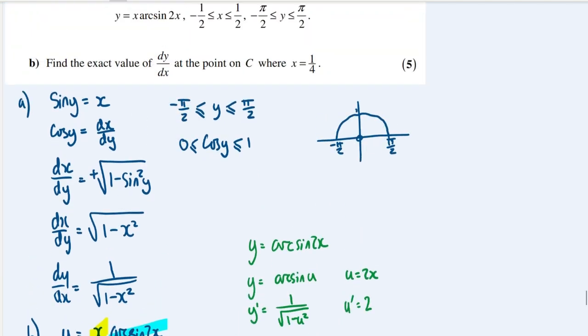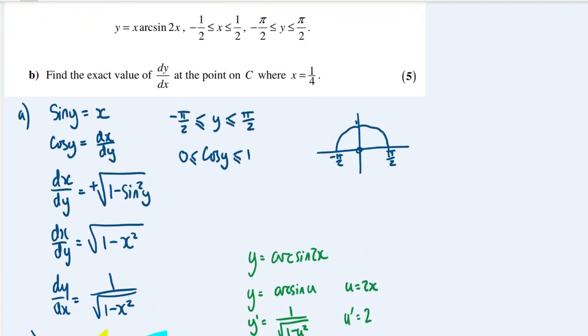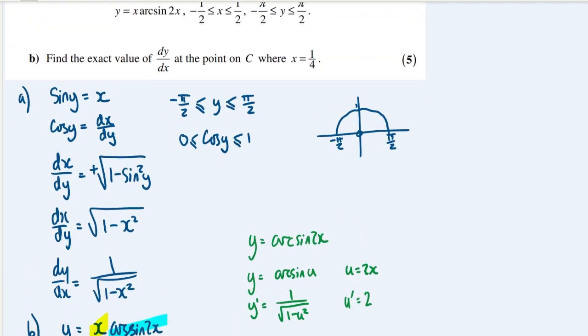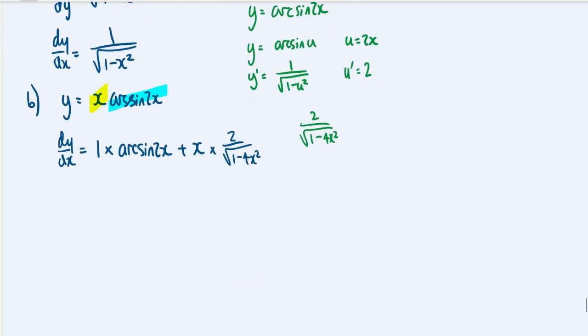So I need to times that by 2 over the square root of 1 minus 4x all squared. Okay, so that's my derivative, and it wants me to sub in when x equals 1 over 4. So dy by dx at x equals 1 over 4 is going to equal, well, let's sub it, times it by 2 is a half, and arcsine of a half is 30, or pi over 6.